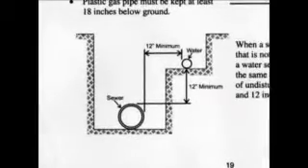Now look at the diagram and note that that 12-inch minimum is not from the center to the center of the pipe, either horizontal or vertical, but rather from the outside of one pipe to the outside of the other pipe, such that you can put a 1-foot ruler between the two, either horizontally or vertically.